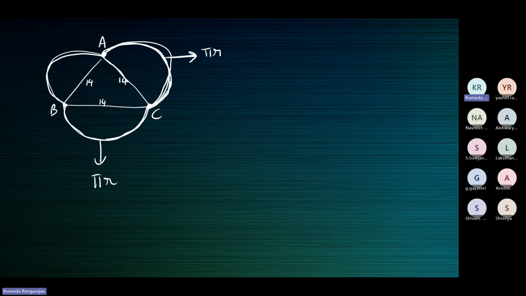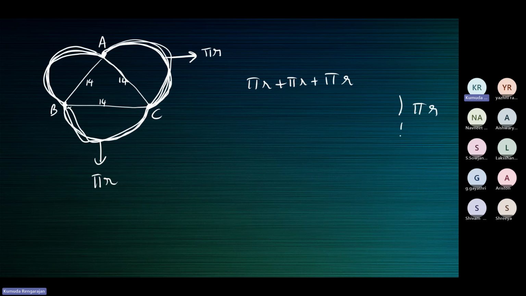Then from C you reached B, and from B you come back to A. The total distance is pi r plus pi r plus pi r, which is 3 pi r.